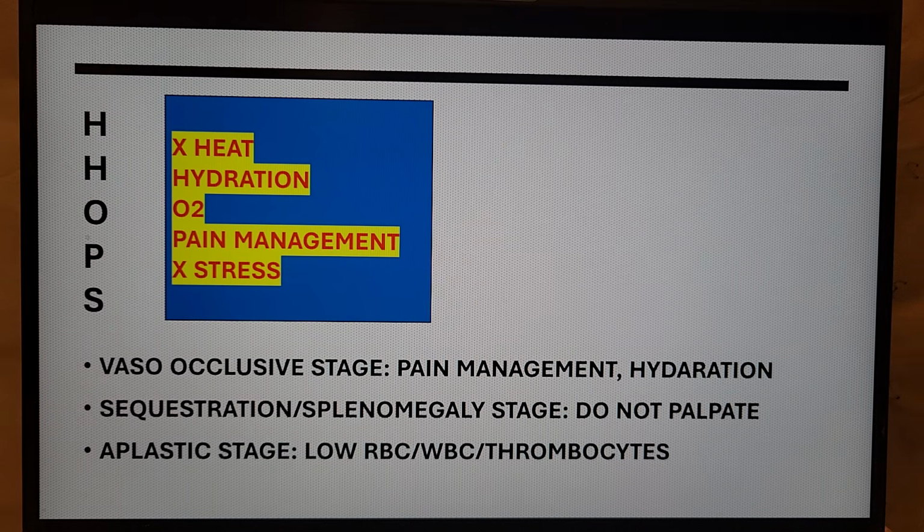One is sickle cell anemia, and the other one is mononucleosis infectiosa, kissing bug, EBV, Epstein-Barr virus, transmitted via kissing. Okay, so when somebody has splenomegaly, do not palpate, stop fidgeting. We usually tell them stay in the bed, don't move too much because the spleen can rupture, right?